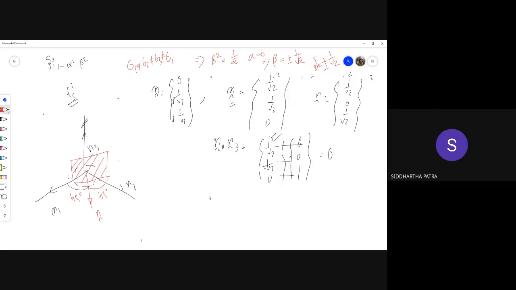Now, the magnitude and the direction of the shear you can find out from this. Okay. So I'm just taking the example of this one.